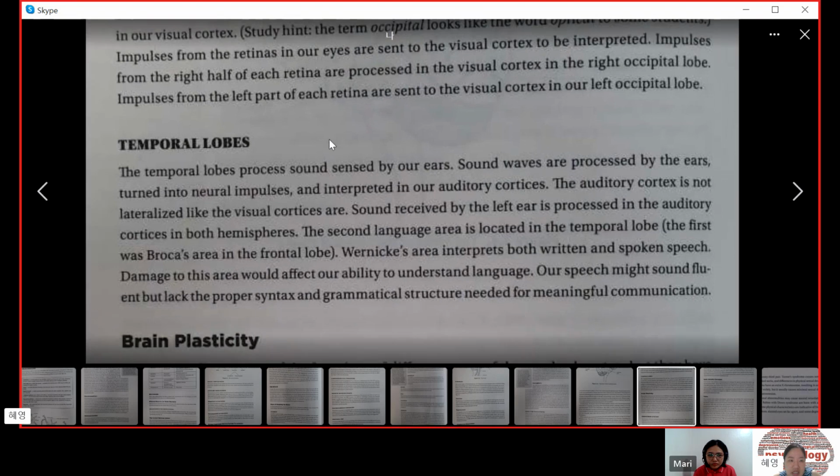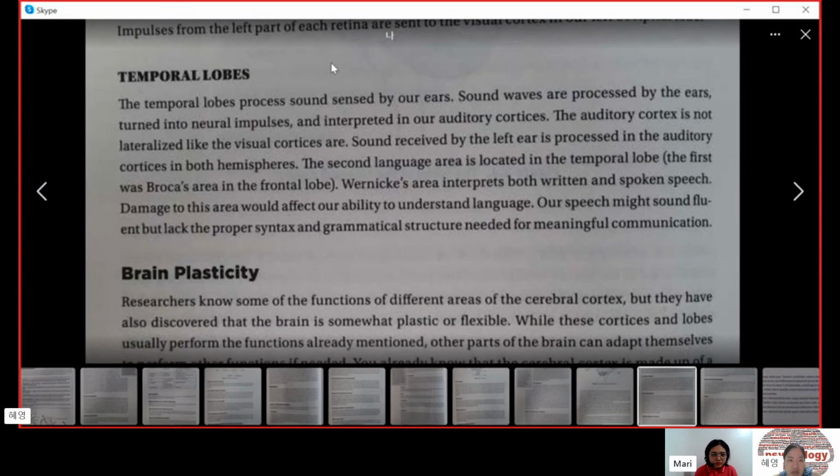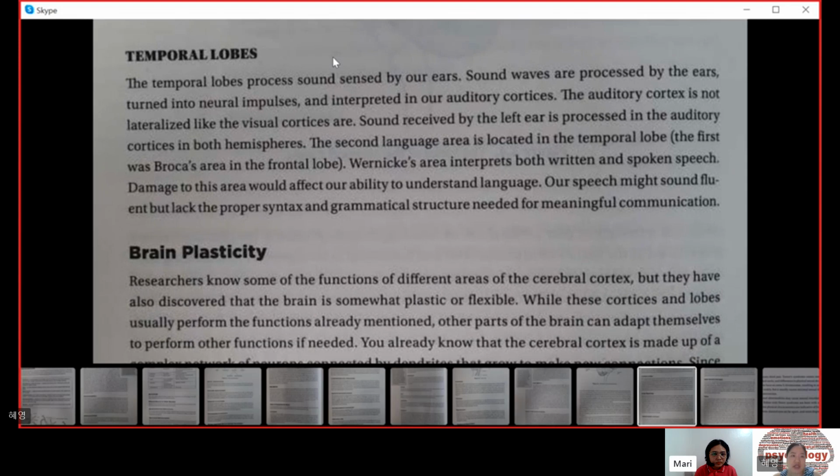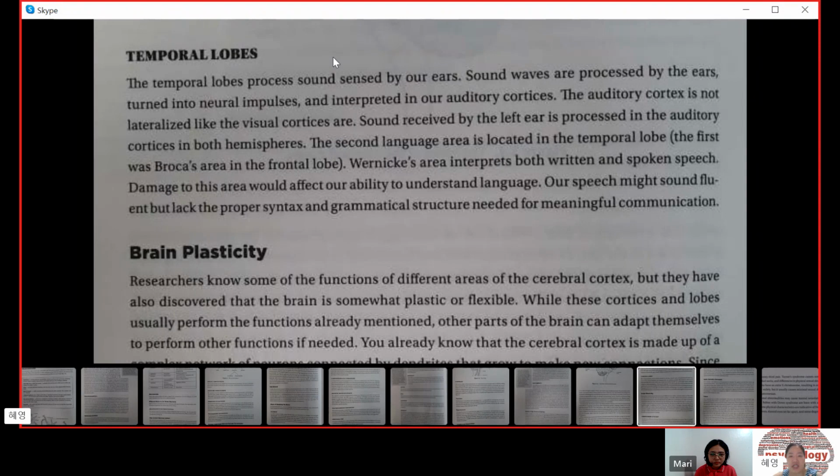And next are the temporal lobes. The temporal lobes process sound sensed by our ears. Sound waves are processed by the ears, turned into neural impulses and interpreted in our auditory cortices.